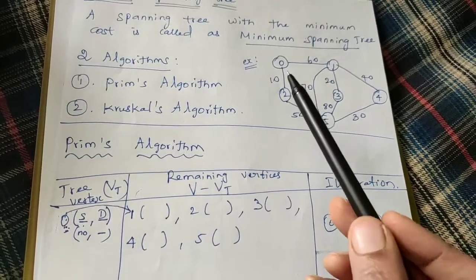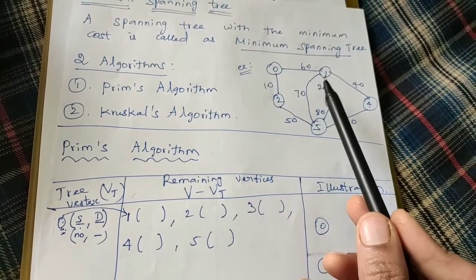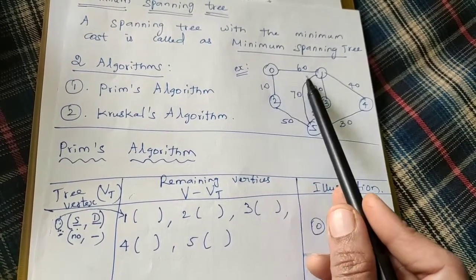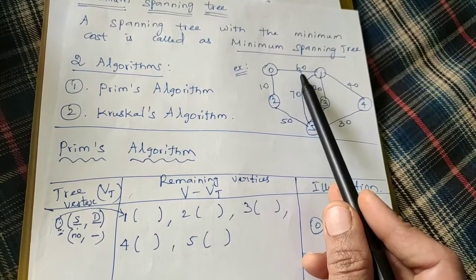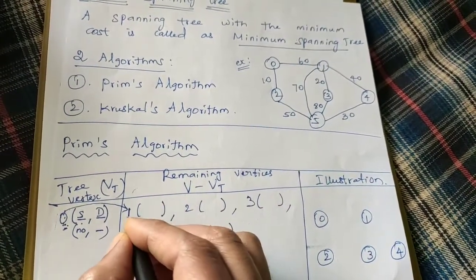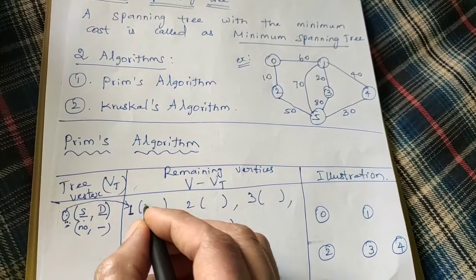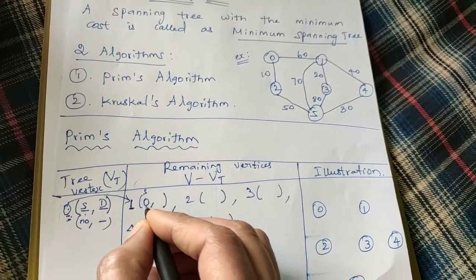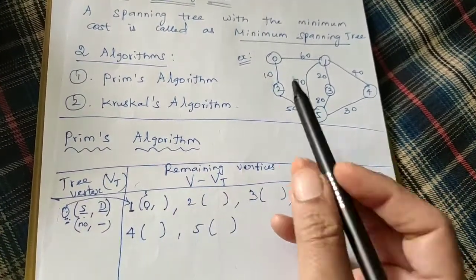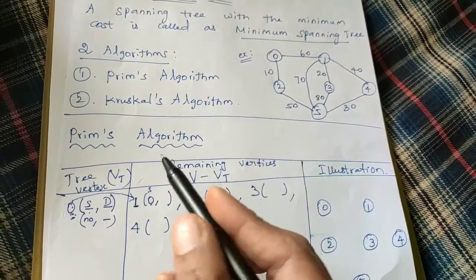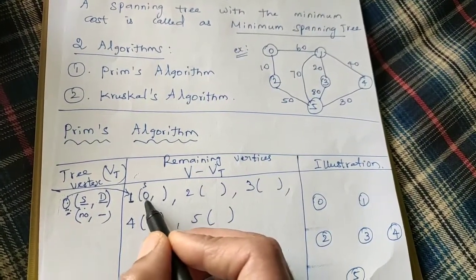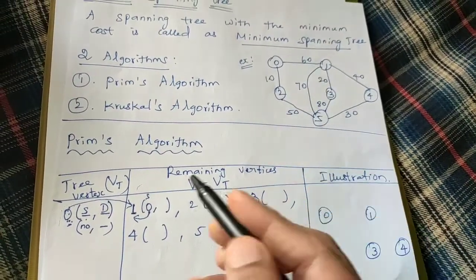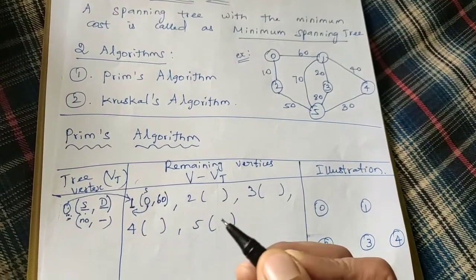So go to your graph, 0 to 1. You have an edge with the value 60. So I am going to write that the first vertex can be visited from 0. This is the source of the vertex from where I am visiting the vertex 1. From 0 only I am visiting the vertex 1, so I have written source as 0. 0 to 1, what is the edge value I have? I have the edge value as 60.